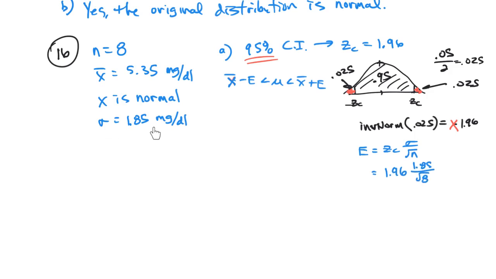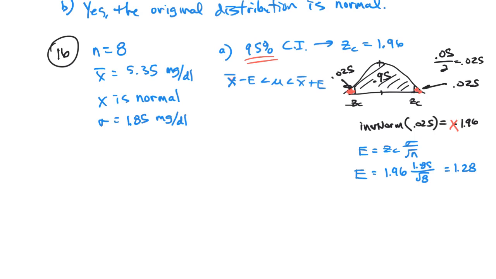They gave us sigma, sample size is 8, and if you do that, you will get about 1.28 for our maximum margin of error E. So for part A, it says, what is the margin of error? The margin of error, you could just say, is 1.28.